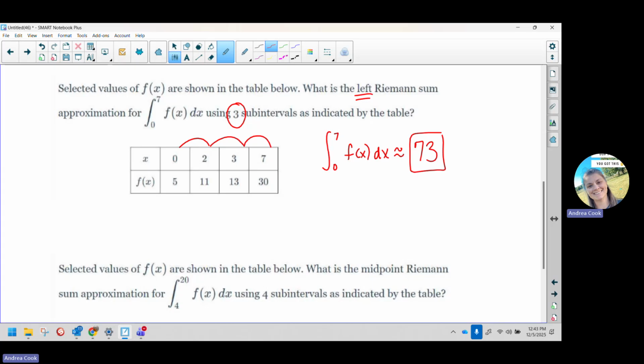Wait, no. I will agree for all the answers. Are the midpoint ones always gonna be the same interval?